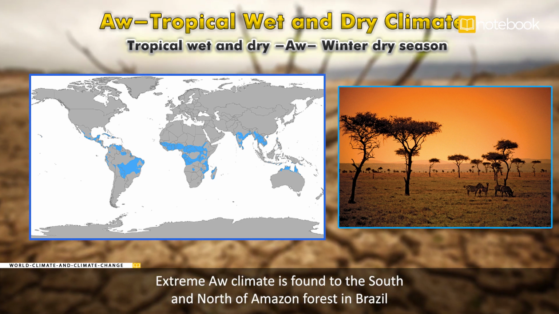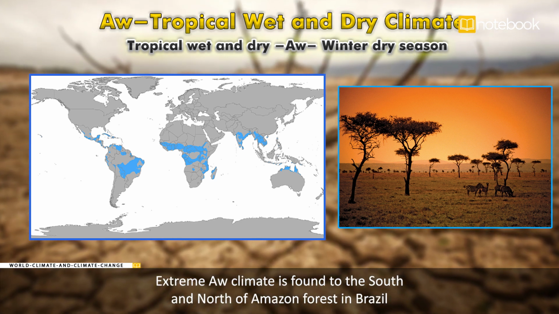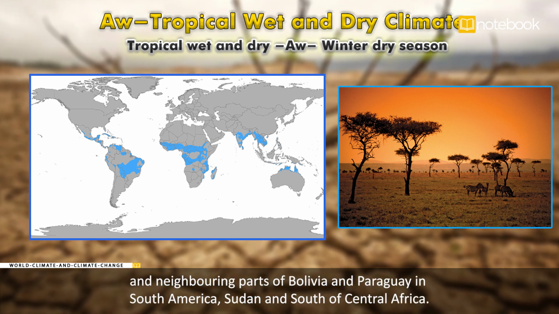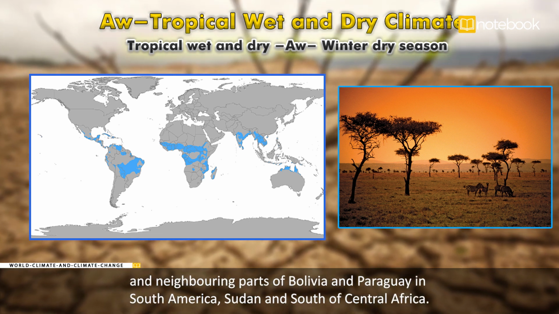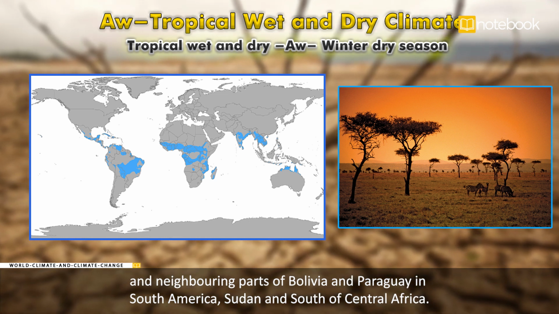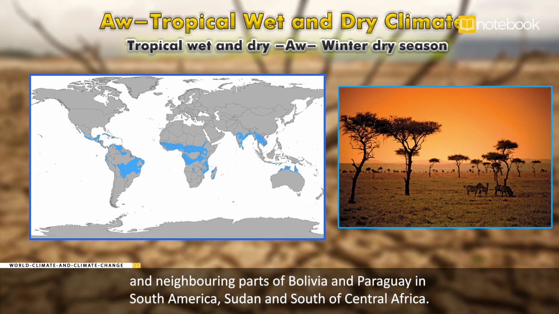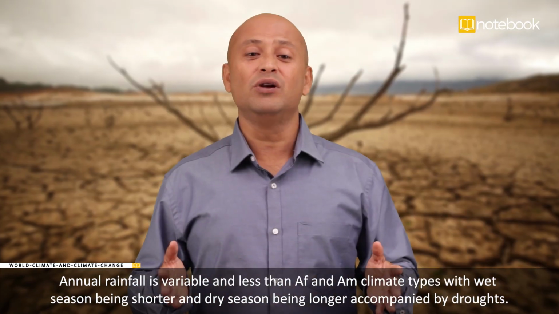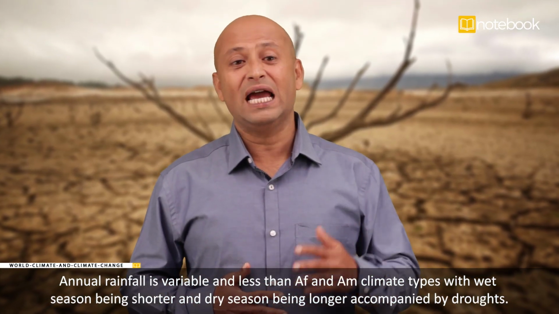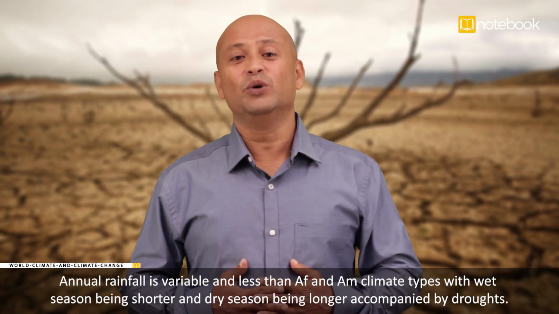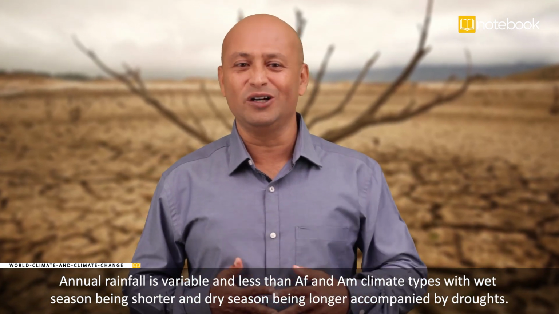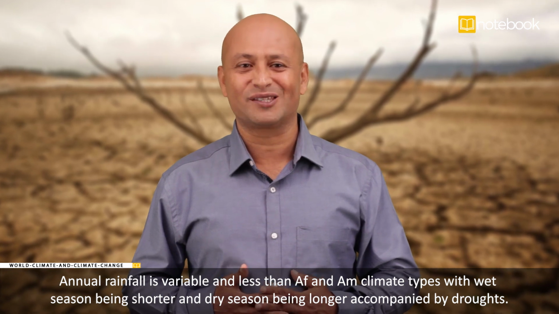Extreme Aw climate is found to the south and north of the Amazon forest in Brazil and neighboring parts of Bolivia and Paraguay in South America, Sudan, and south of Central Africa. Annual rainfall is variable and less than Af and Am climate types, with the wet season being shorter and the dry season being longer, accompanied by droughts.